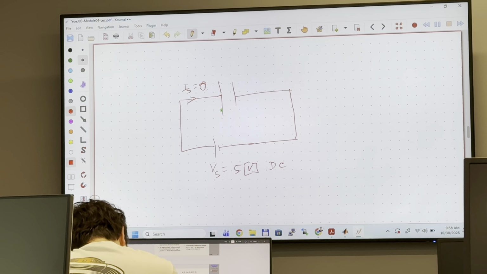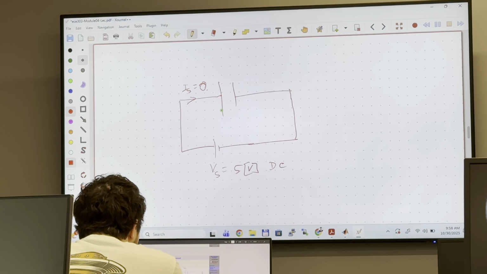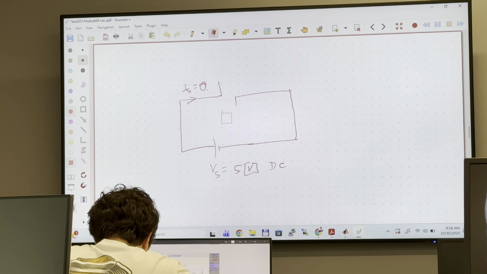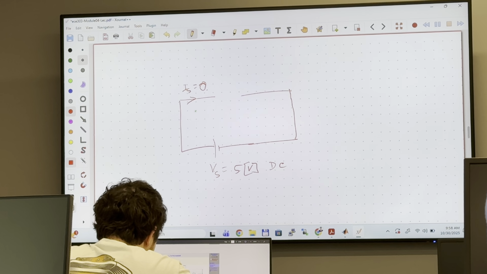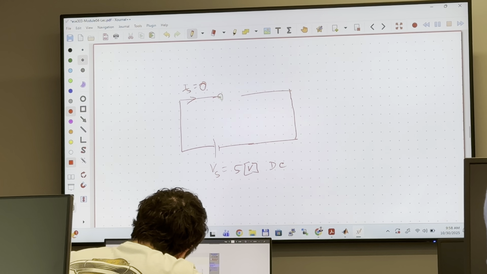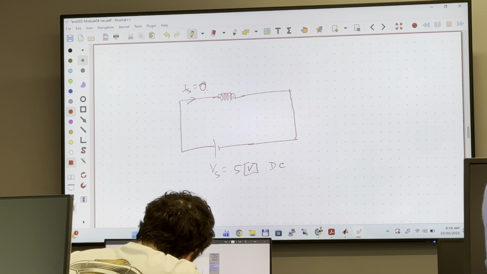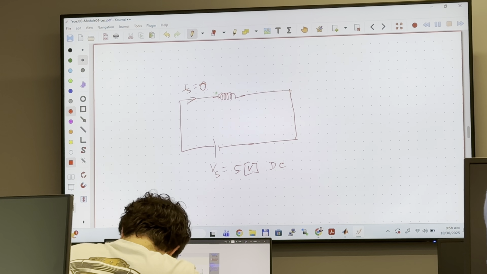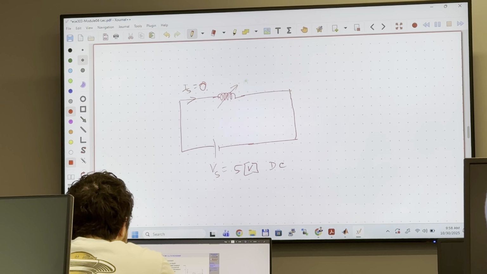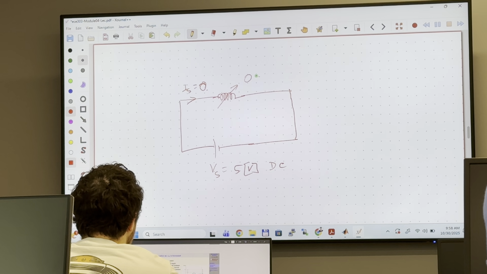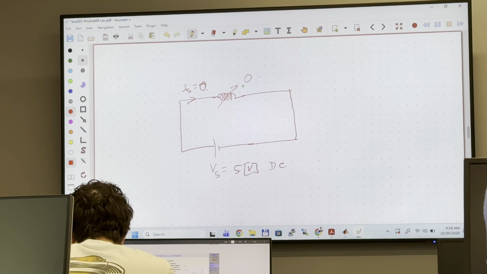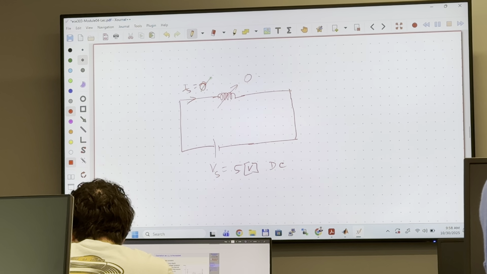So that's why for a DC circuit, you can think of a capacitor as an open circuit. You can think of this capacitor as an open circuit. No current will flow. Okay? But if you replace it with an inductor, which I will not confuse you with, then the current is going to be infinity, because for a DC signal the resistance is going to be 0, therefore current is going to be infinity.